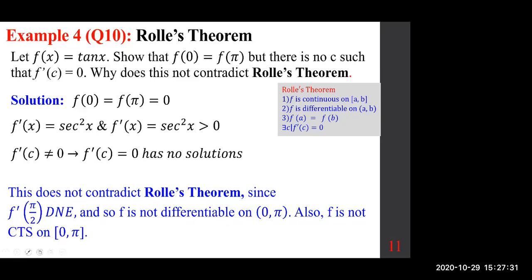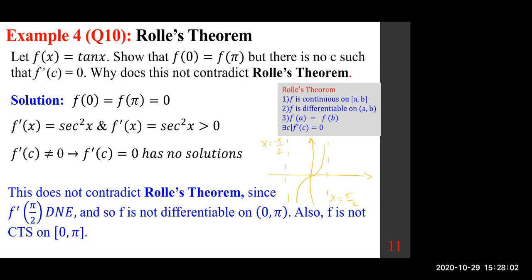In other words, let's see if we can. This is x equals pi over 2. X equals negative pi over 2. I hope everybody remembers the graph of tangent.